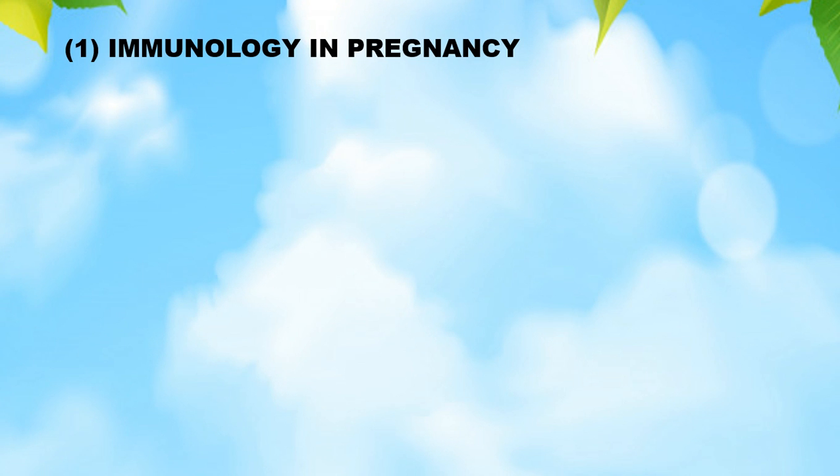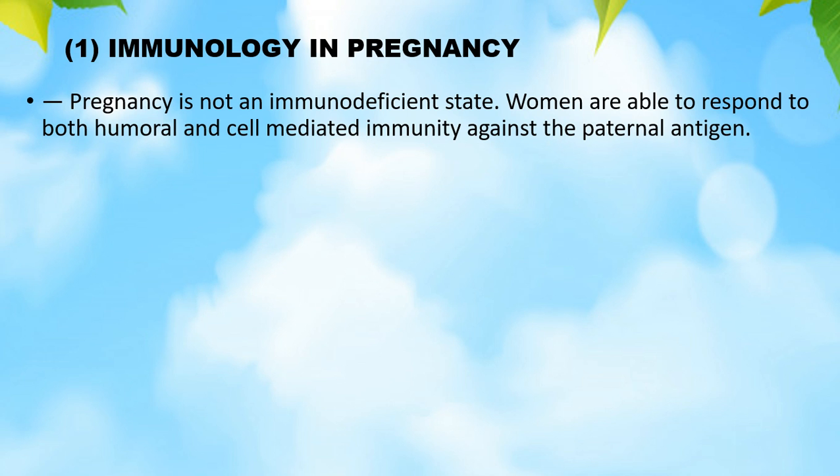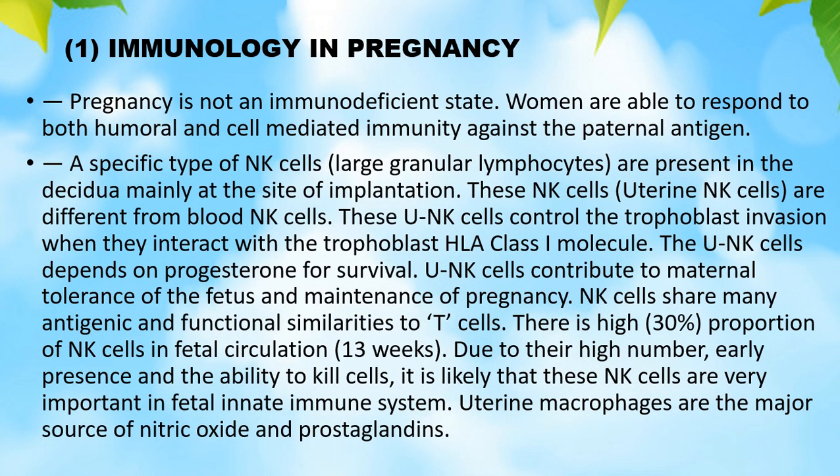Next, we can see the immunology in pregnancy. Pregnancy is not an immunodeficient state. Women are able to respond with both humoral and cell-mediated immunity against the paternal antigen. Paternal means a father's antigen. A specific type of NK cells, that is large granular lymphocytes, are present in the decidua. So after fertilization, the fertilized ovum is implanted in the decidua.